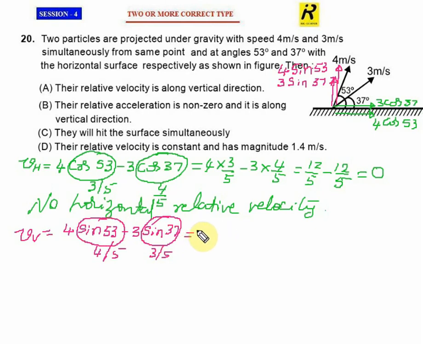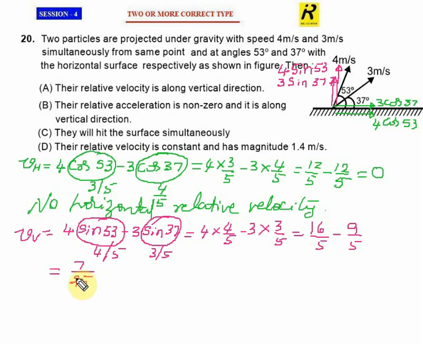This is nothing but 4 into 4 divided by 5 minus 3 into 3 divided by 5. So this is equal to 16 divided by 5 minus 9 divided by 5.